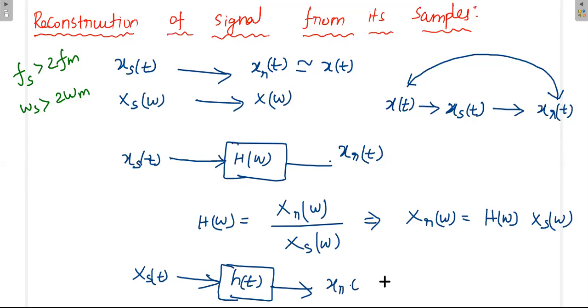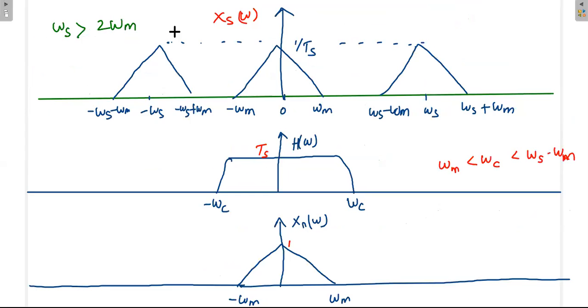We know that X_r of t is the convolution of X_s of t with H of t. So we can write X_r of t is equal to X_s of t convolved with H of t.